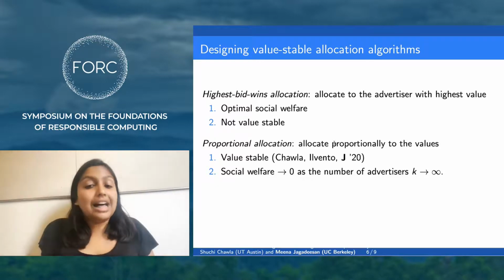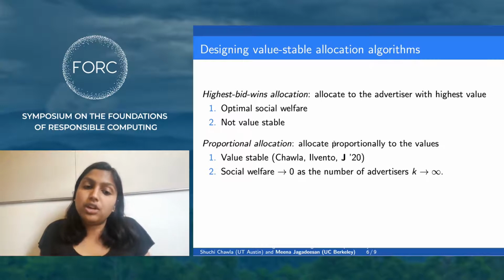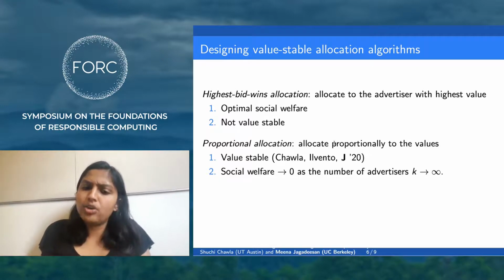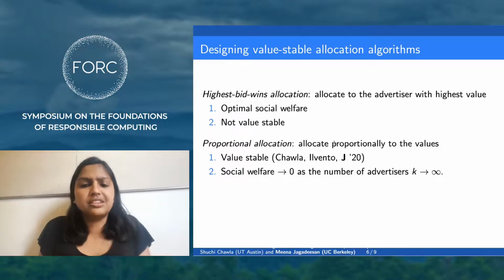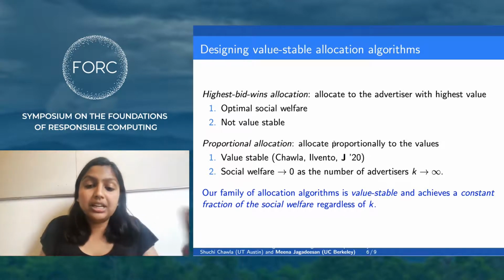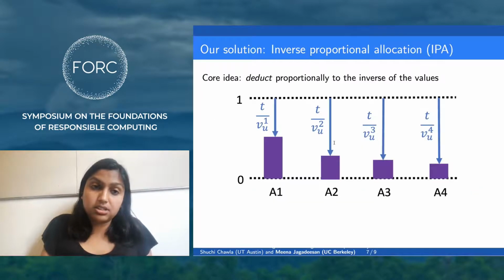Consider proportional allocation, which allocates proportionally to the values. We showed in our previous work this is value stable, but its social welfare approaches zero as the number of advertisers goes to infinity. In this work, we design a family of allocation algorithms that are value stable and achieve a constant fraction of the social welfare regardless of the number of advertisers.